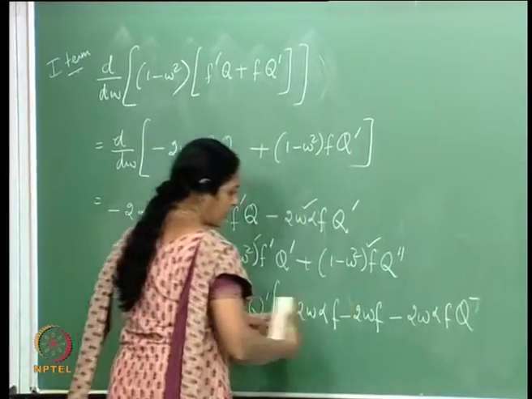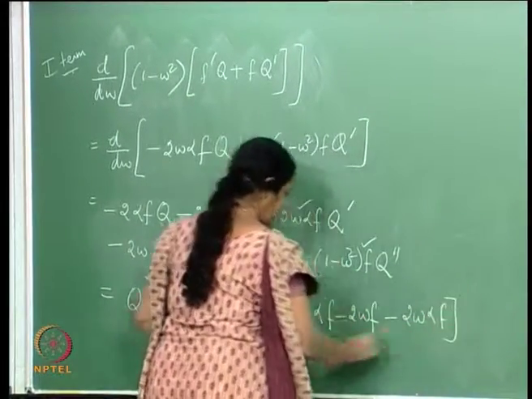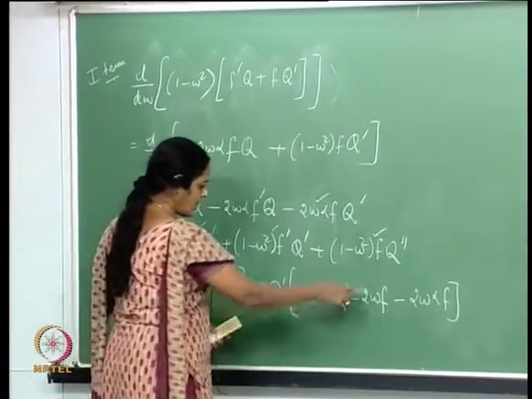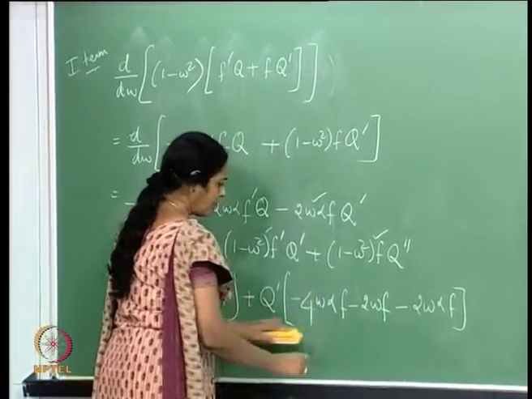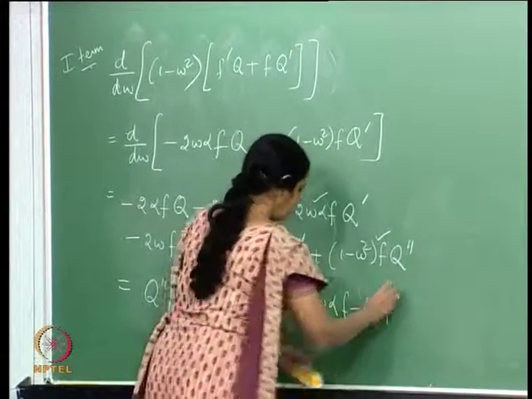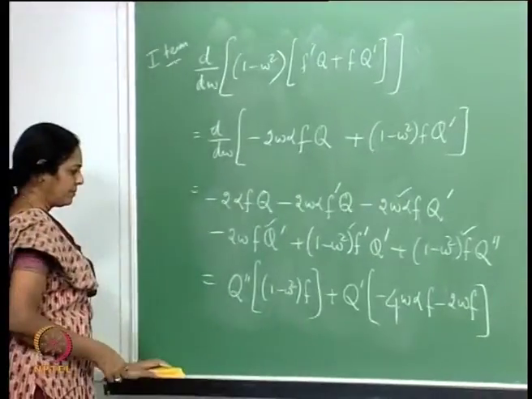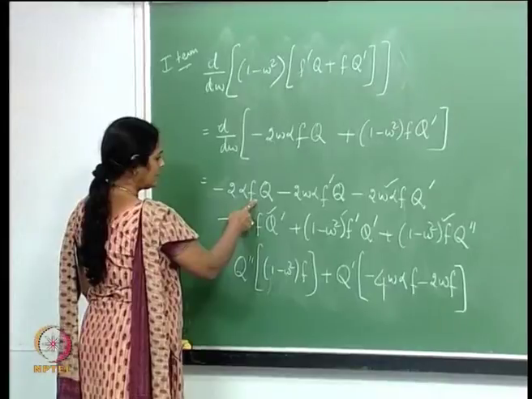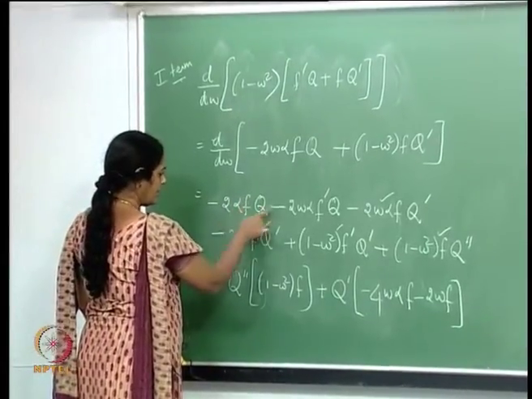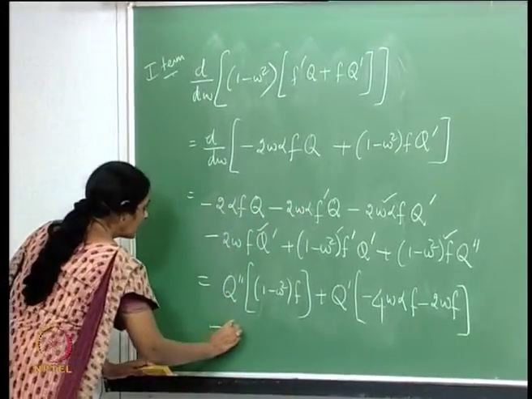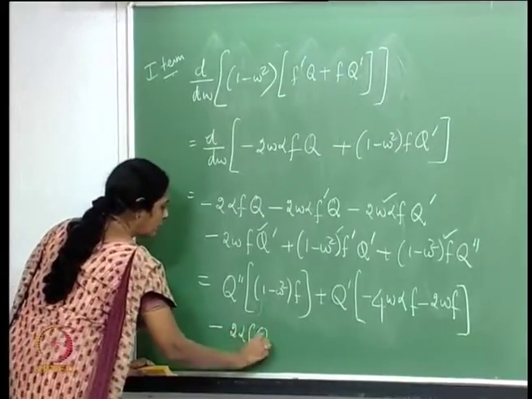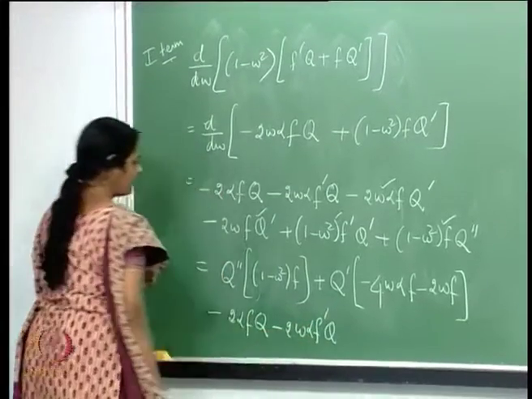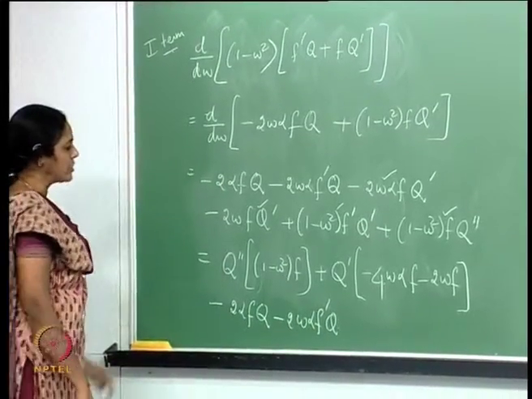So, the q prime has been pulled out, and this can be just written as minus 4 w alpha f minus 2 w f. Then I have terms which involve q. Well, there is one term here, there is one term there. So, that is a minus 2 alpha f q minus 2 w alpha f prime q. That is the contribution from the first term.